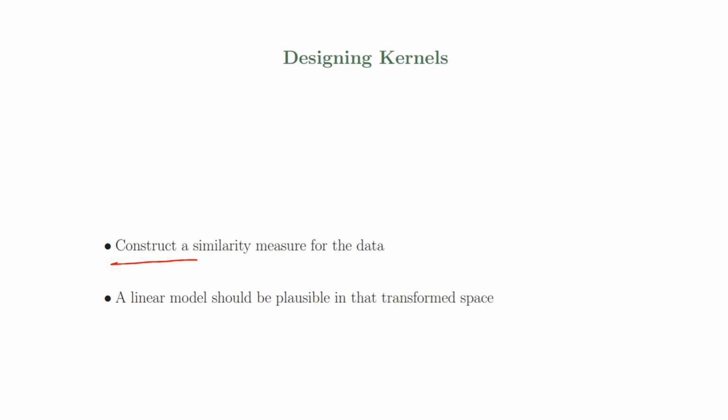And once I have designed or constructed that, and also shown that the constructed kernel, or constructed similarity measure, has certain properties, if you remember, positive definite and symmetric, then, in terms of fitting the data, any linear model should be plausible in that transformed space, right?